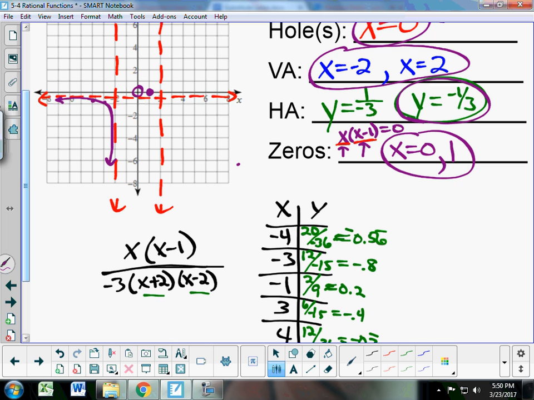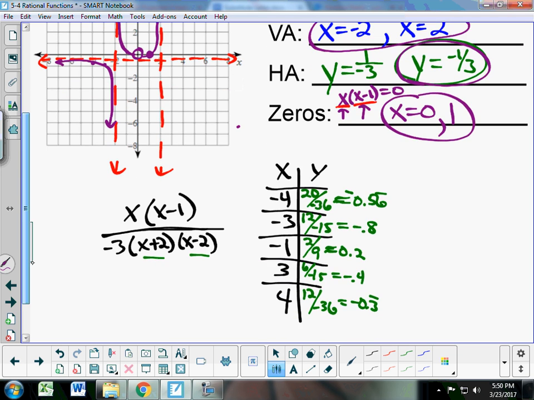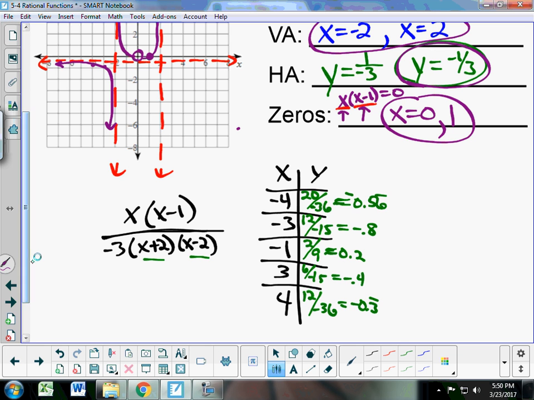Okay, at -1, we're at 0.2, so just a touch above the x-axis. And then this is going to be a curve like so. Stop at the hole and then start back up. So something crazy like that. Okay, and then on the other side, we've got 3 at -0.4.